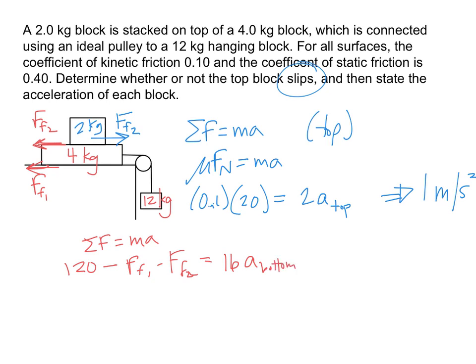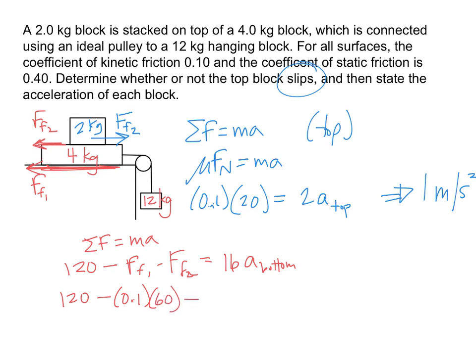So on the left-hand side here, I'd have 120 minus, and these are all kinetic now because everything's slipping. So it's going to be 0.1 times, and F sub F1 is at this bottom section. So all of that weight, the 60 newtons, is pressing those surfaces together, and so that's what determines friction.